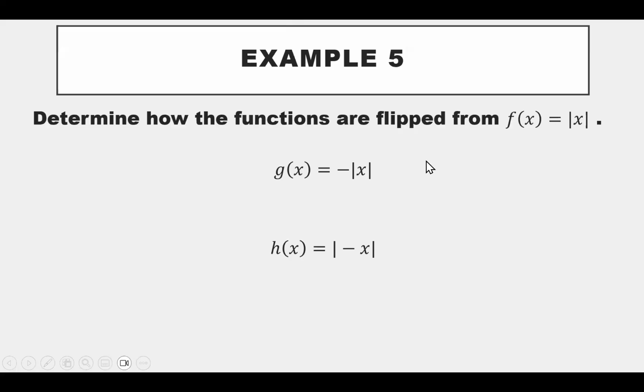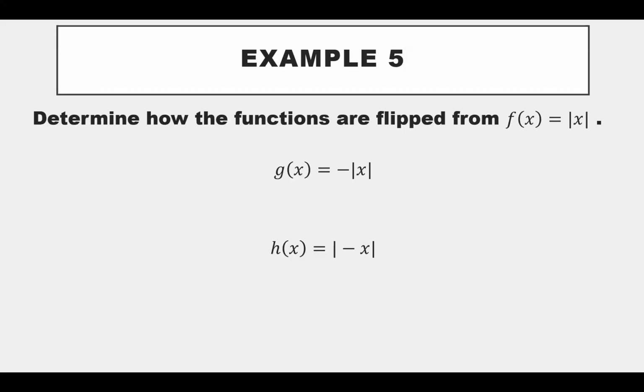Let's do an example. Let's determine how the functions are flipped from my base function f of x is equal to the absolute value of x. Here we have g of x is equal to negative of the absolute value of x. Since the negative is on the outside, this g of x would be flipped across the x-axis.